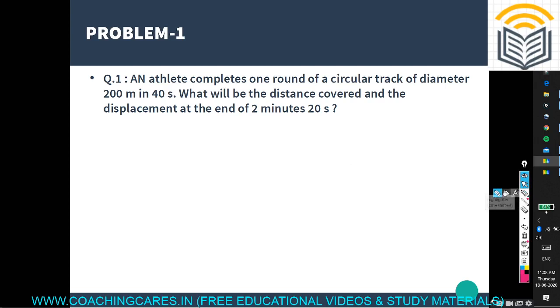So just try to understand this numerical. The athlete actually travels along the circular track. We are assuming this is a circular track. The athlete starts to move from this position, say from point A, and the diameter of this circular track is 200 meters.